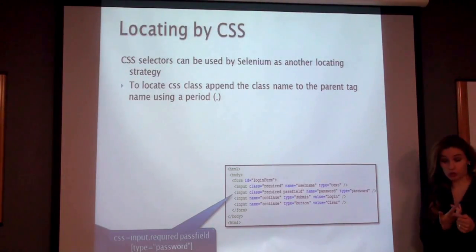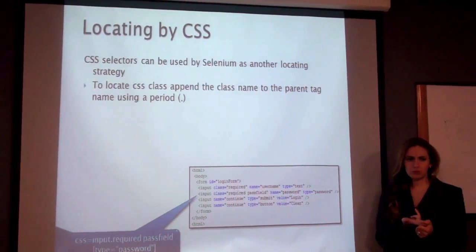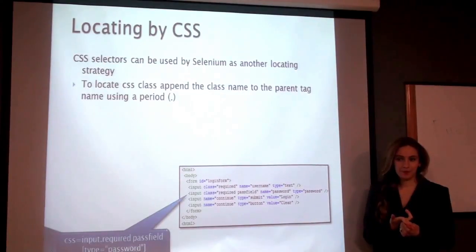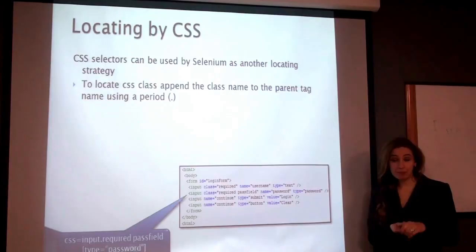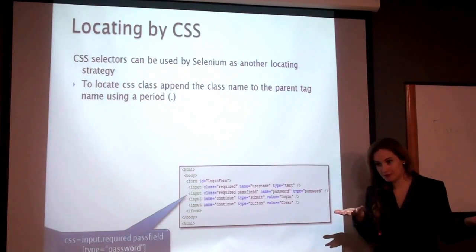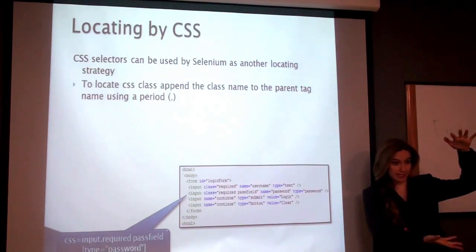Now class is actually CSS, right? Why do we use class? To group and style. What happens with CSS is you create a document external to your HTML document, and you define a whole bunch of properties into groups you call classes.